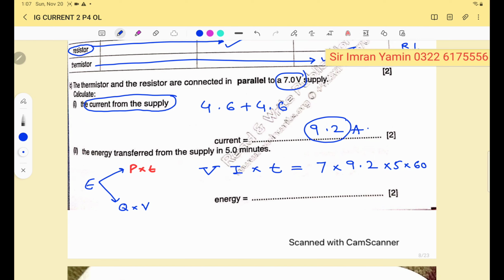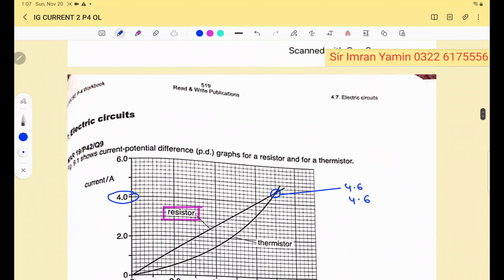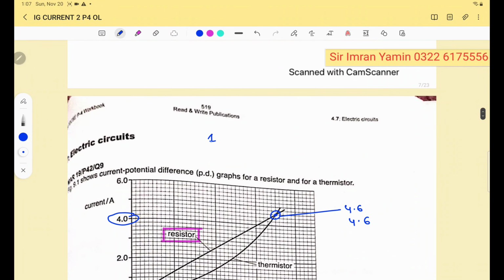If you multiply all these numbers, the answer will be 19,000 joules.